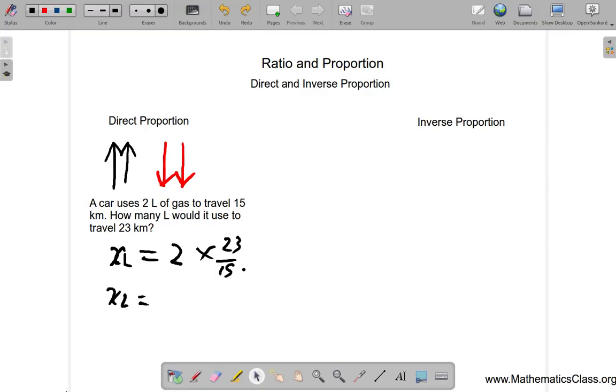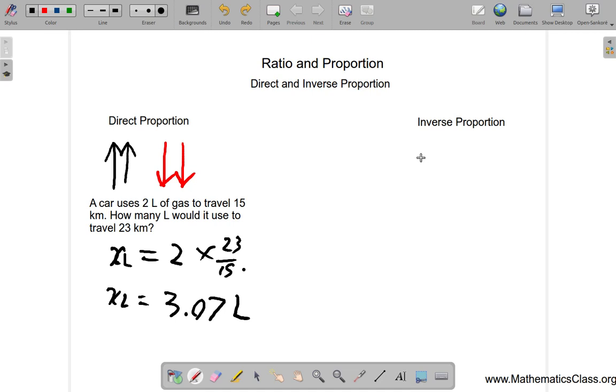So what you have is 3.07 liters of gasoline. Right? So that's one example. You have several other examples where one quantity increases, and you would reasonably expect the other quantity to also increase. So those are called direct proportion.